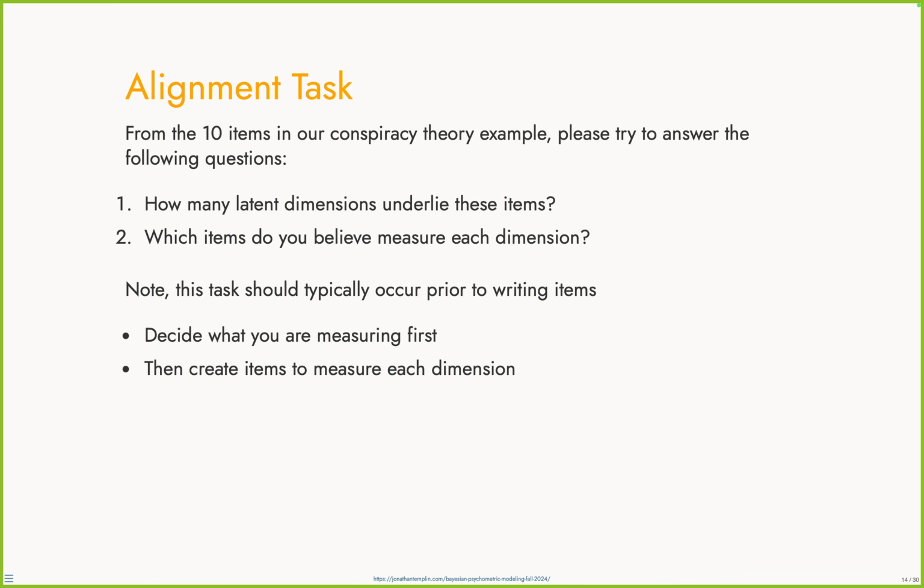But this is the task of alignment, right? Generally speaking, it's sort of a backwards alignment that we're doing now, in that I showed you the items first, and then we talked about what we should measure. But in your practice, and for the practice of those that you work with, it works better in reverse of what we just did in class. Meaning, come up with what you're trying to measure first, and then write items to measure it that are aligned to it.